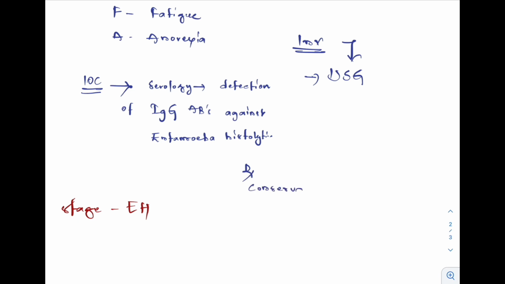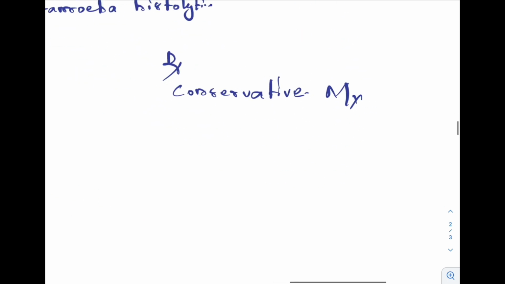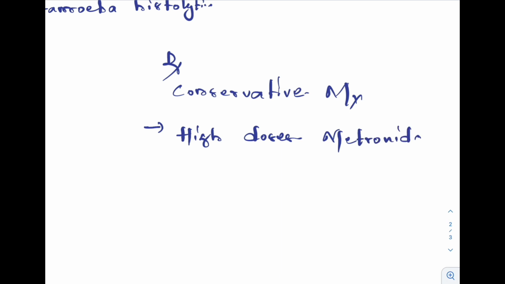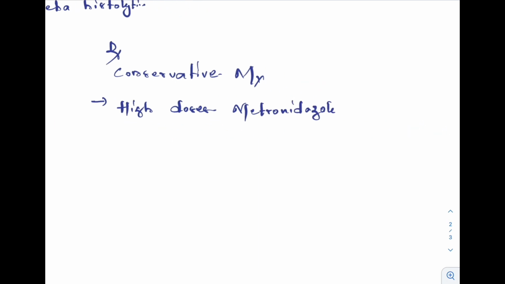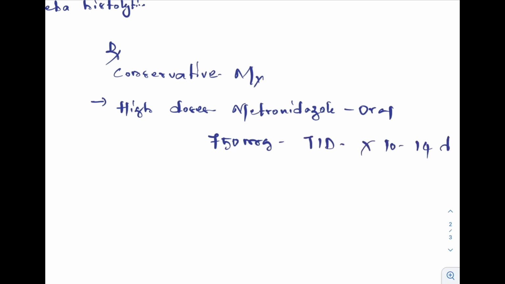Now comes the important part of the topic, that is treatment. Treatment is divided into two parts: one is the conservative part and another is the surgical or aspiration part. First is conservative management. Here we can give high doses of metronidazole via the oral route, about 750 mg TID for about 10 to 14 days.